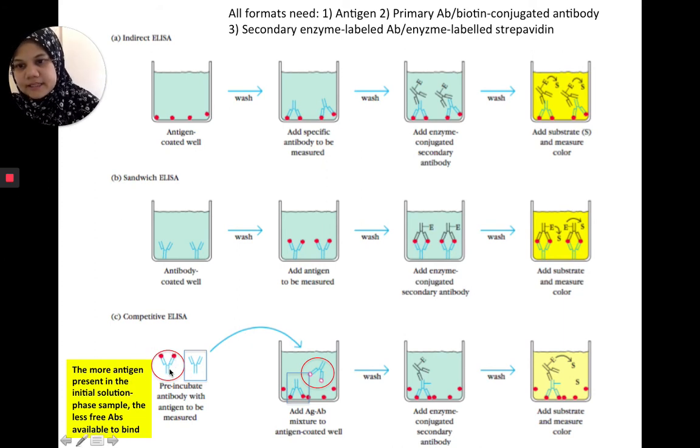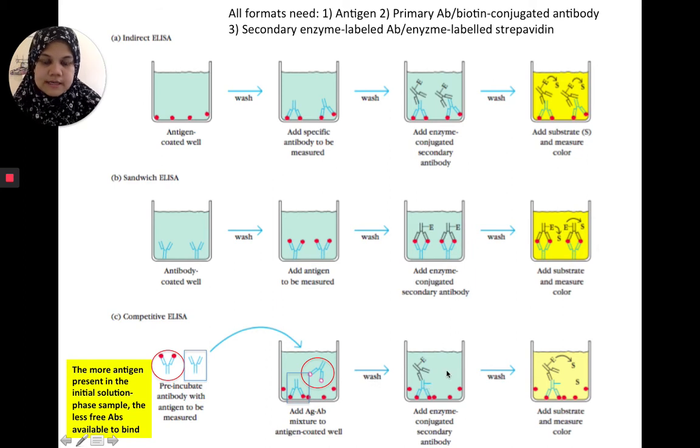With the competitive ELISA, as we mentioned earlier, it's actually competing for vacant spots. So you have to pre-incubate the antibody with the antigen first, so that if there is antigen present, it will bind before you add it to the well, because the well is already antigen coated.